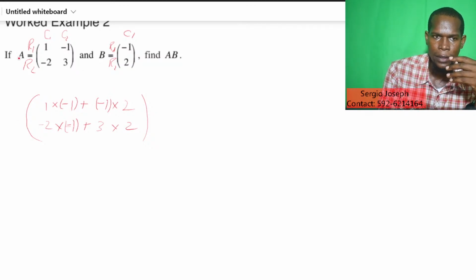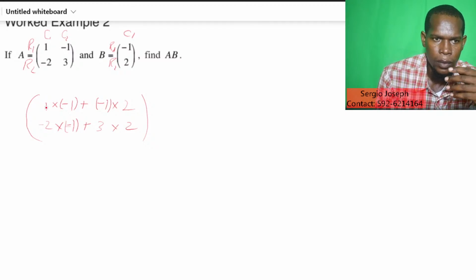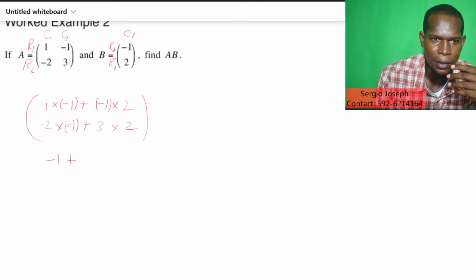Simplifying, what do we get? 1 times minus 1 is minus 1, plus minus 1 times 2 is minus 2. Minus 2 times minus 1 is positive 2. And 3 times 2 is 6.